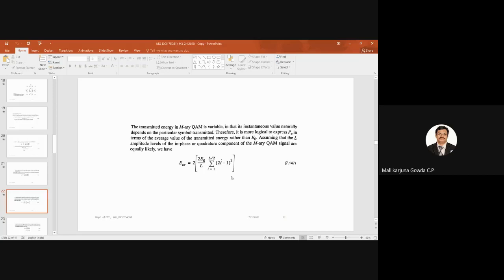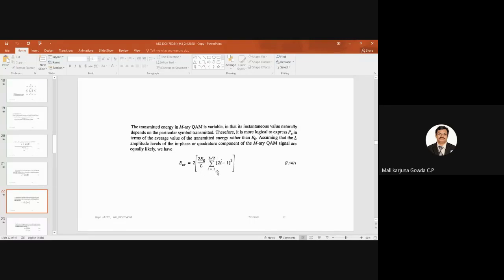So this is the average energy of the M-ary QAM signal. Here it is written as 2 E naught by L, where E naught is the transmitted signal energy, and L is the number of amplitude levels of the in-phase and quadrature component of this M-ary QAM signal.